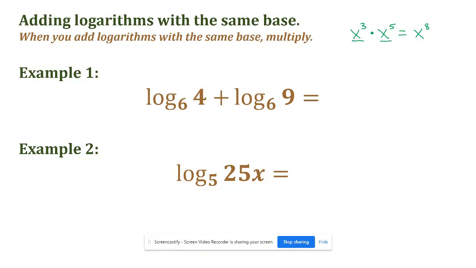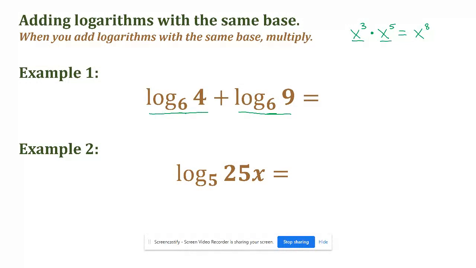So here we have similar bases. These are both base 6 logarithms. And right now we're adding them. But remember, the result of taking a logarithm is an exponent. So you can think of both of these big terms here as exponents that we're adding together. And when you add exponents together, what you're actually doing is multiplying.